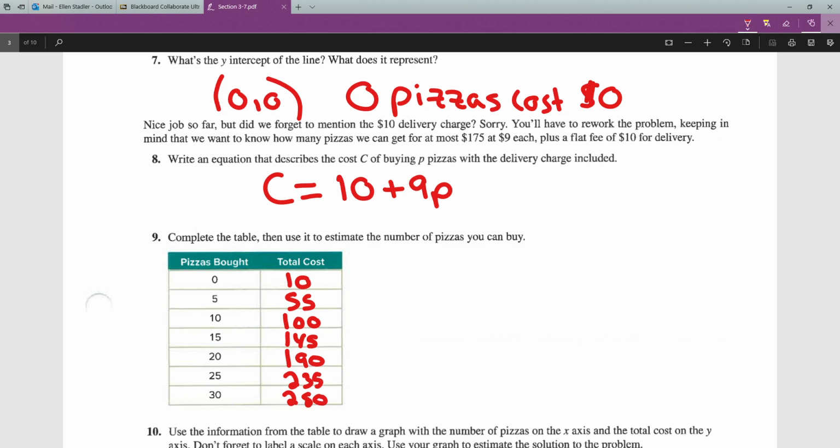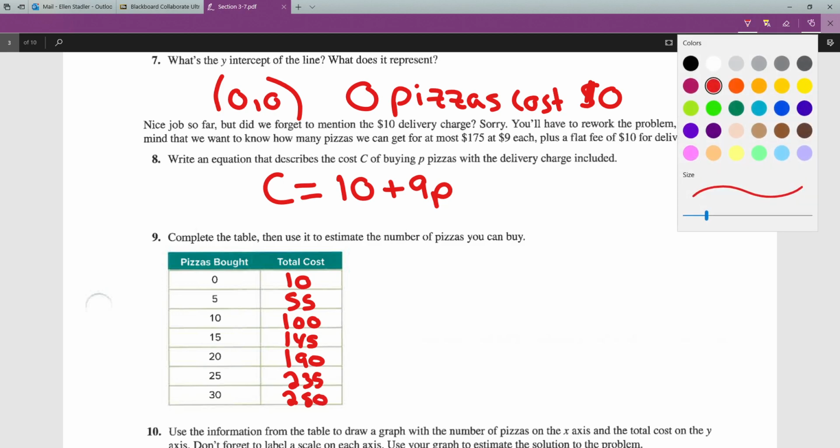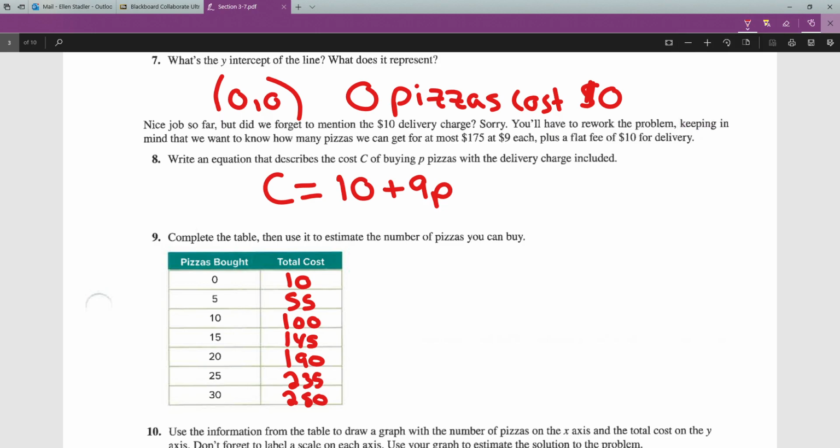I still have $175, so I want to use that to estimate how many I can buy. I can buy somewhere between 15 and 20. It's pretty close to being halfway in between. I would say maybe 17 pizzas, and again, this is just an estimate. We'll solve the equation in a minute and see how many we can buy.